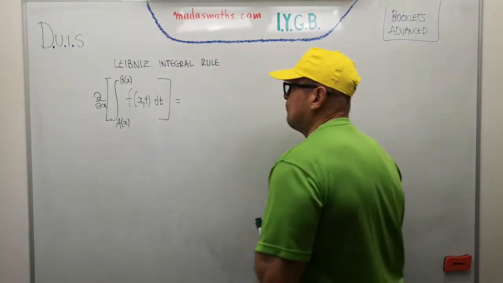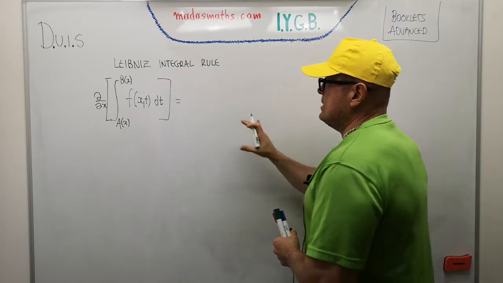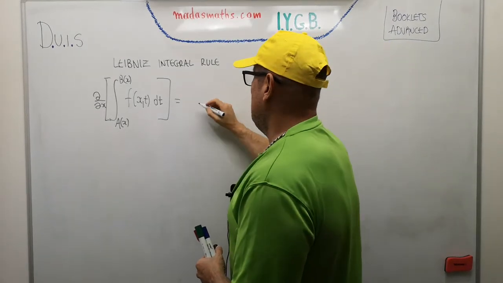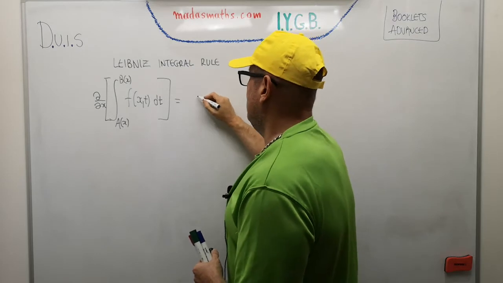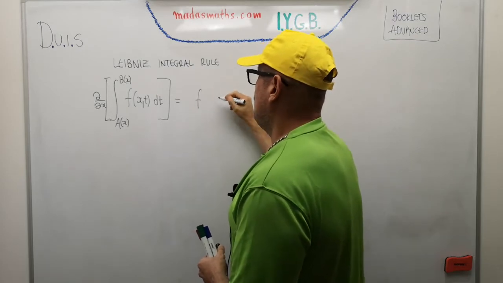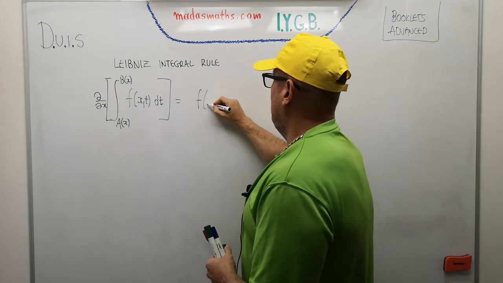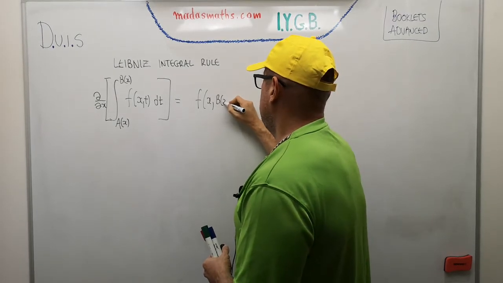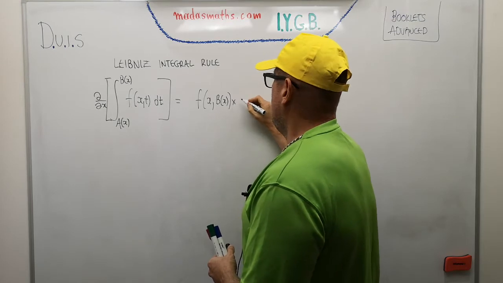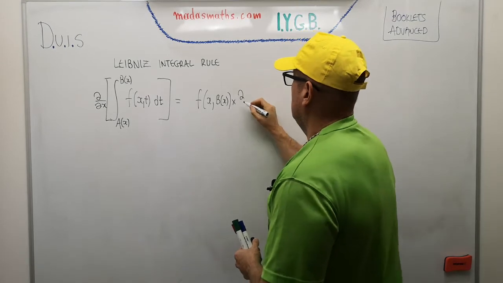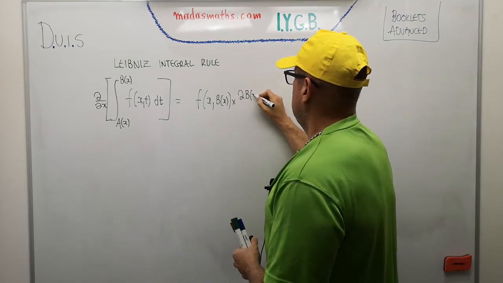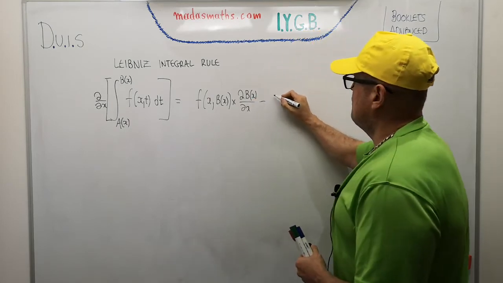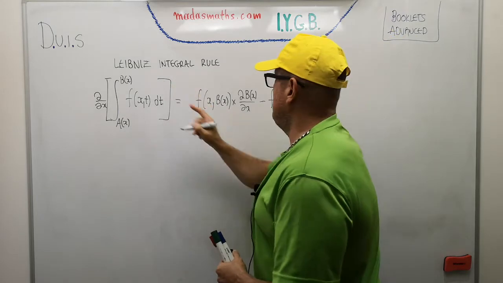What happens? This is the answer, so don't be scared by this, because we won't be doing anything like that, neither will we prove it. We're going to get f of x, b of x, times db of x by dx, minus, so that's the top limit basically.